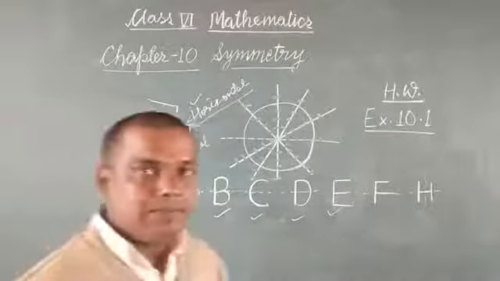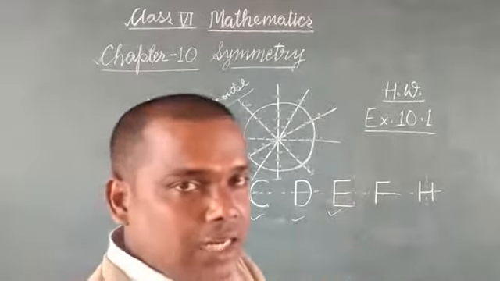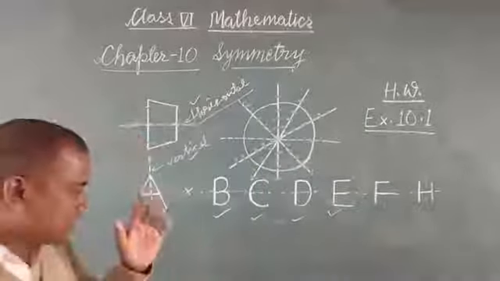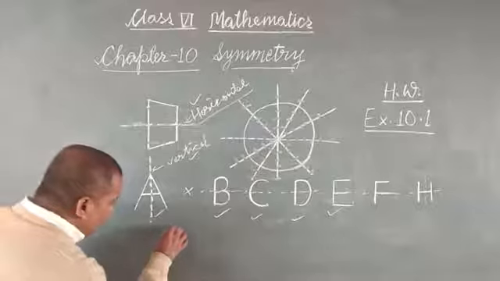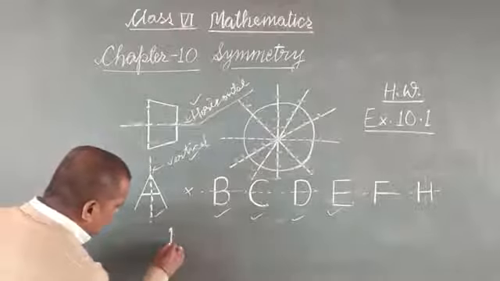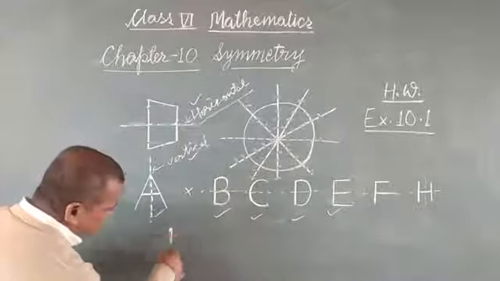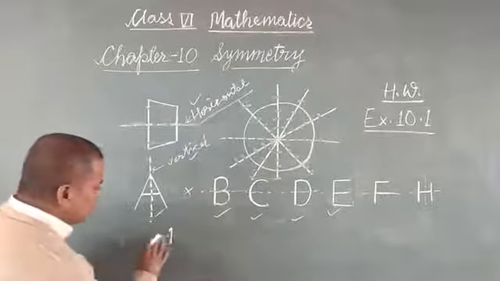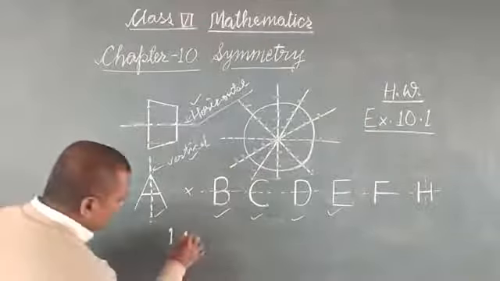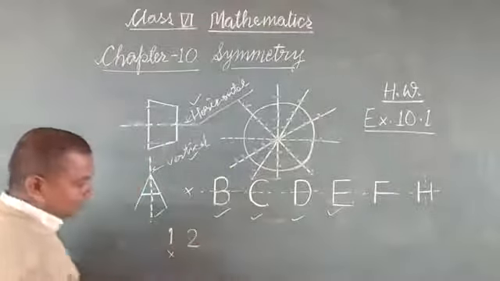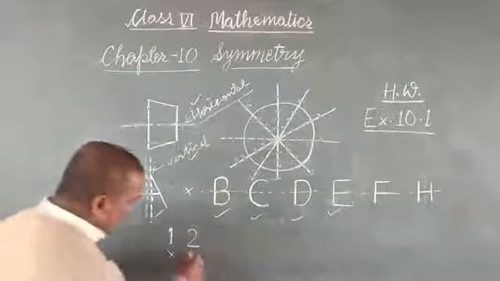Now we will see the line of symmetry in digits. You know, one we write like this. If we draw a line, this part and this part are not exactly the same, so it has no line of symmetry. We have 2. It also has no line of symmetry.